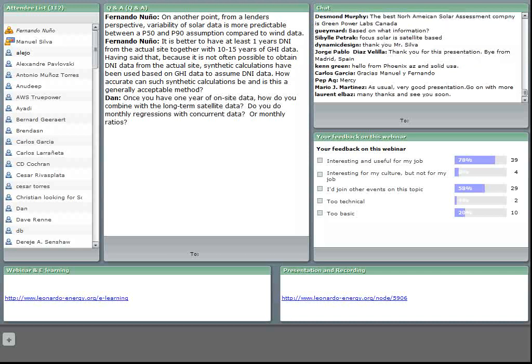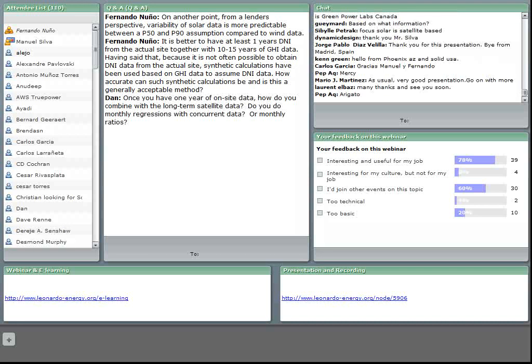Okay, very well. So next question from Dan. Once you have 1 year of on-site data, how do you combine it with the long-term satellite data? Monthly regressions with concurrent data or monthly ratios? Well, it depends on the information you have.